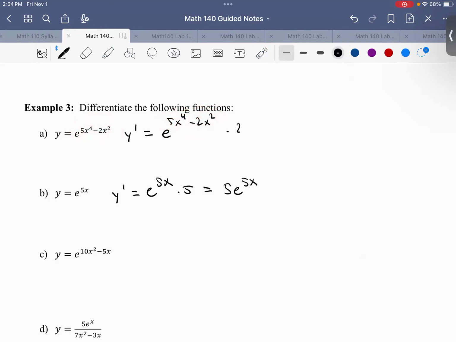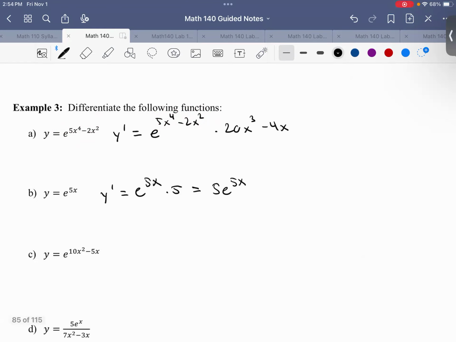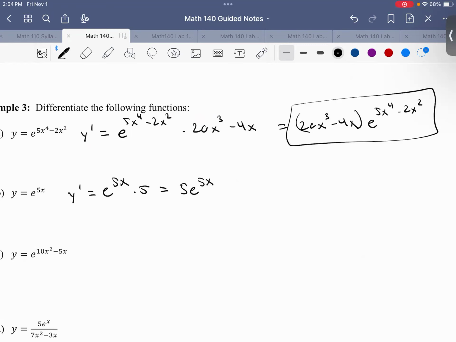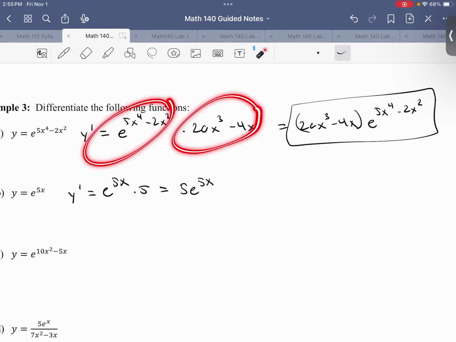That would be 20x cubed minus 4x. To clean this up a bit, we could say 20x cubed minus 4x times e to the 5x to the fourth minus 2x squared, and that would be the answer. Similar concept: it's another copy of itself times the derivative of that exponent.